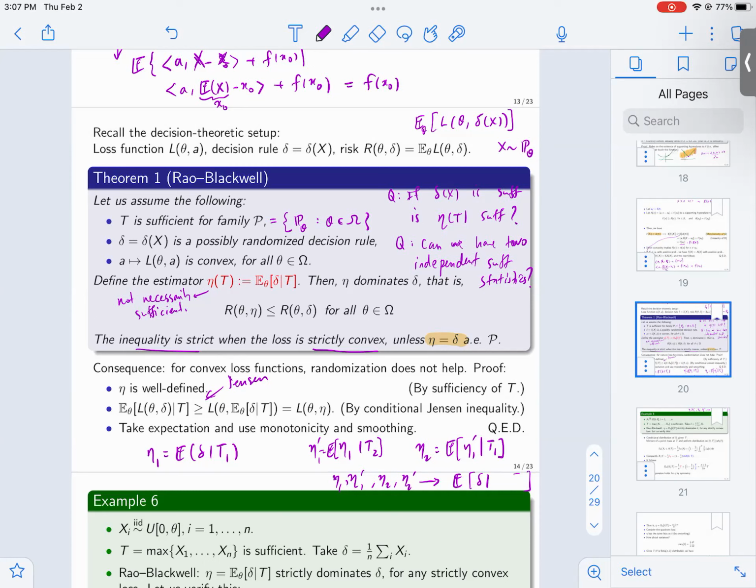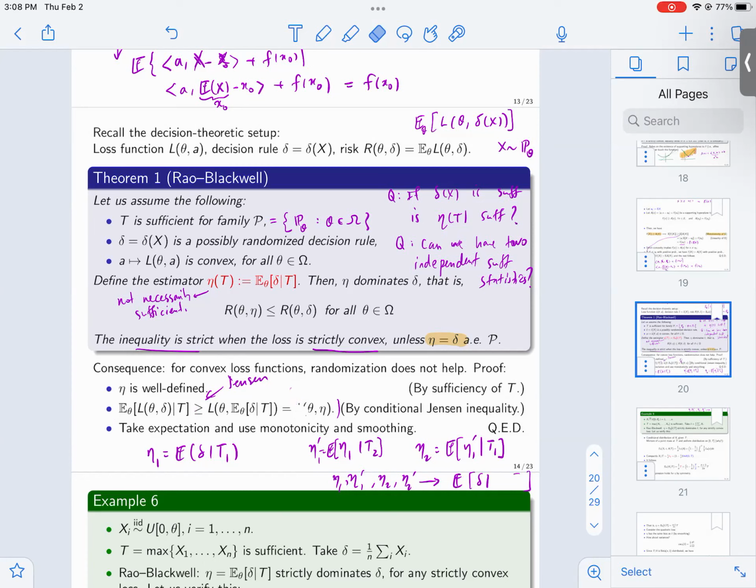When you take the expectation on both sides, you get the expectation of this and the expectation of that. So this is going to be the risk of eta, and this is going to be the risk of delta. Why? This is the iterated expectation property that we mentioned: if you take the expectation of a conditional expectation, you get the original expectation. So Jensen's inequality followed by monotonicity.